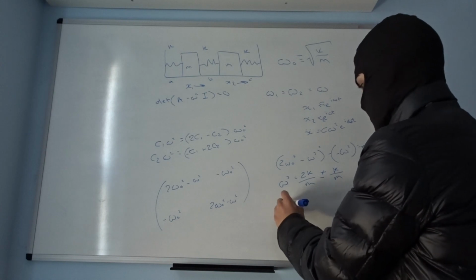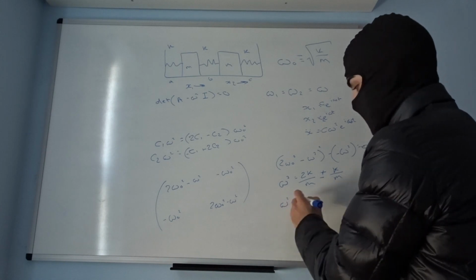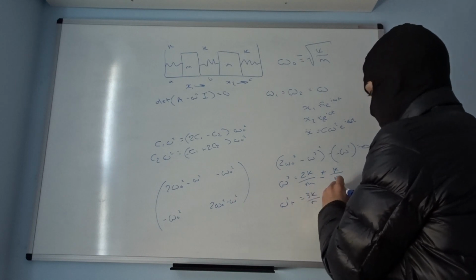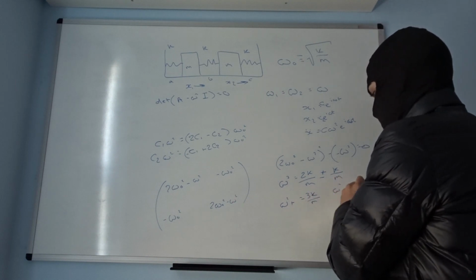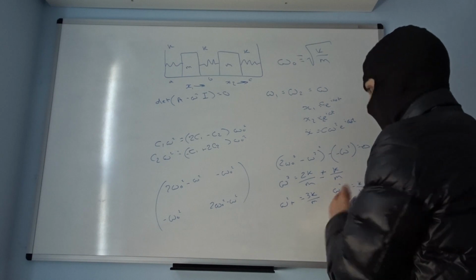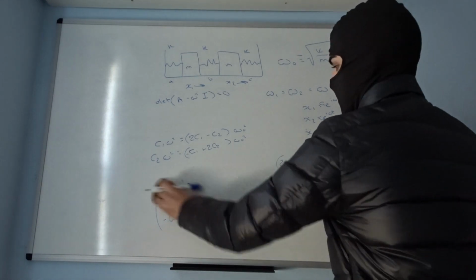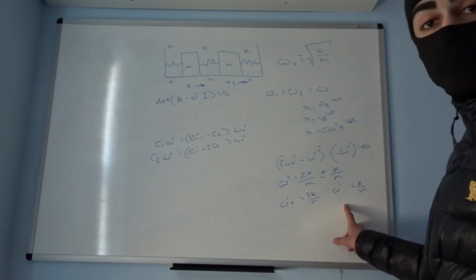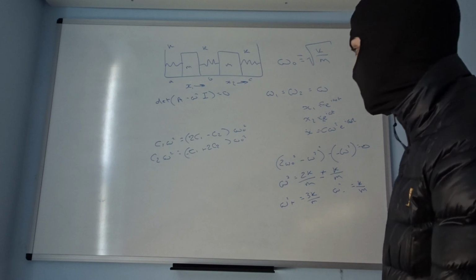So let's just rename them. Omega squared plus is going to equal 3k over m. And omega squared minus is equal to k over m. See that?